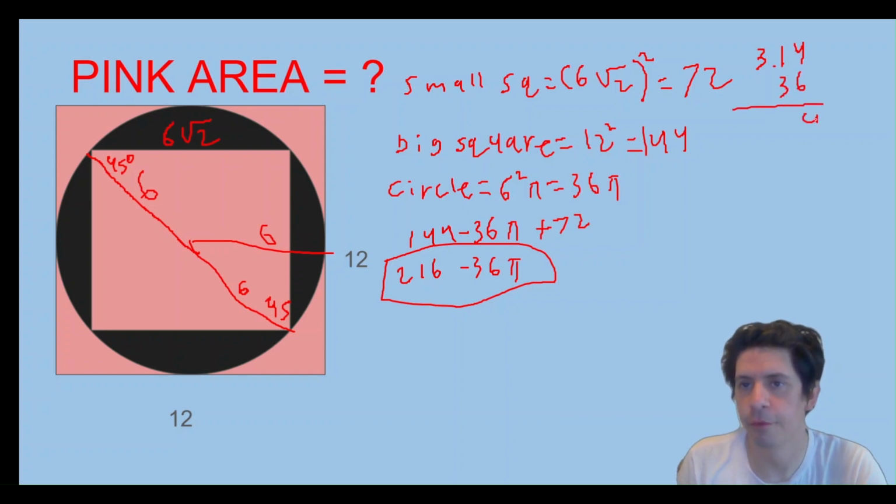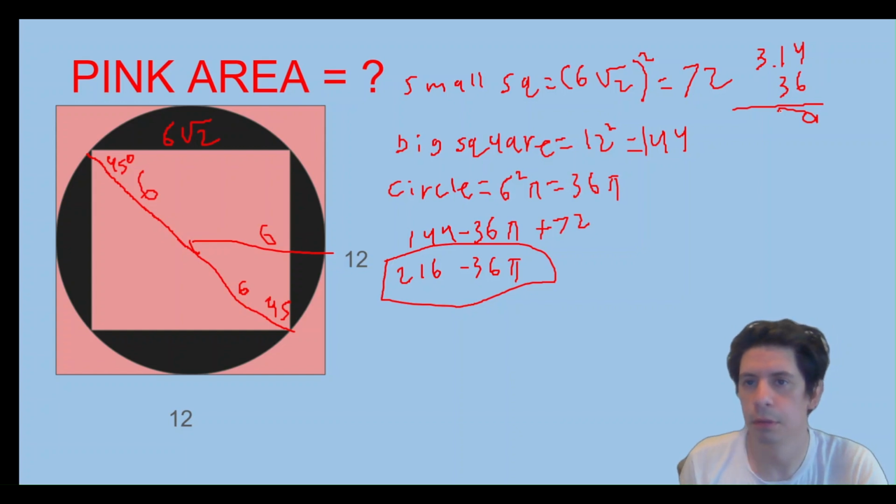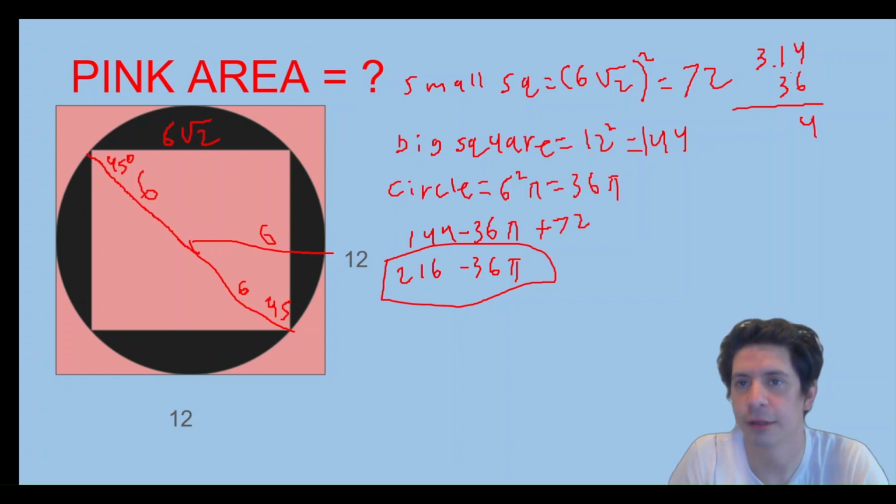So again, we got 4. You're going to do 4 times 6, you get a 4 here, carry the 2. So it's 24, which gives you an 8 here. 6 times 3 is 18.